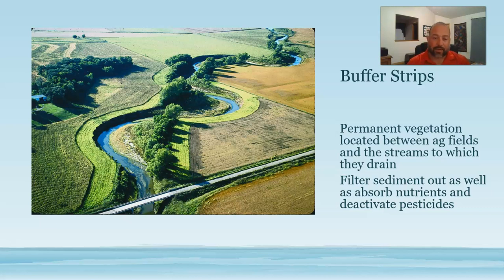Now what's really important is that you use differing types of vegetation within your buffer strips, so that you have all these different trees and shrubs and grasses and whatever else, with all these different, for lack of a better word, amenities or skills with which they can help with deactivating pesticides and absorbing nutrients.